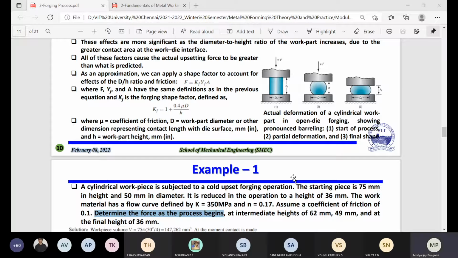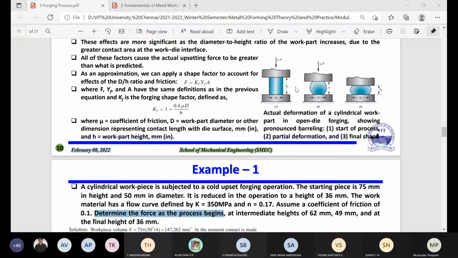Okay, so you can consider epsilon as 0.002. So that means you have to calculate YF equal to 350 into 0.002 to the power 0.17.